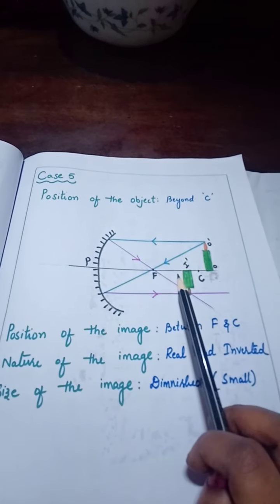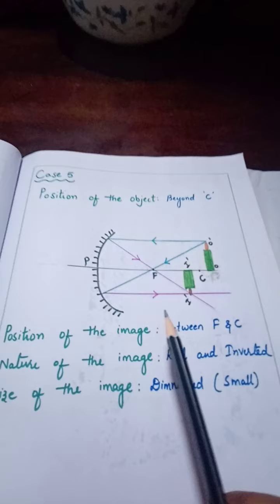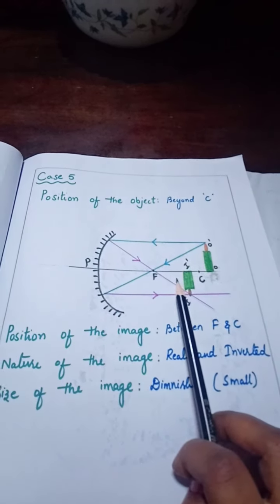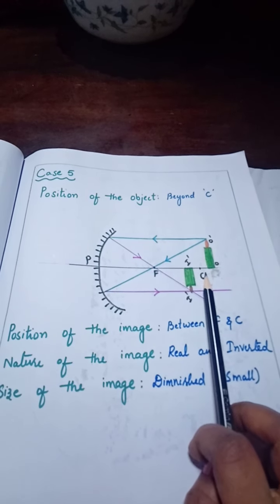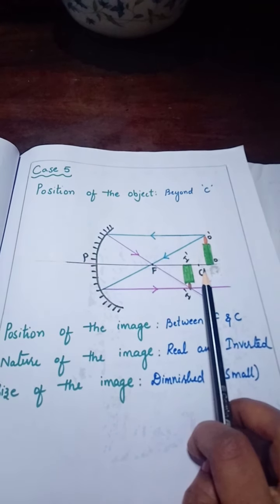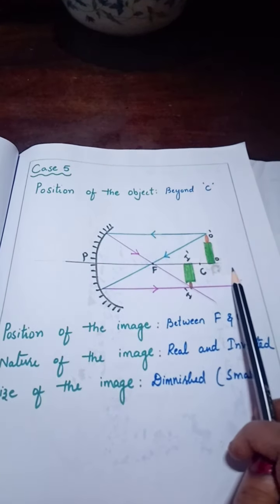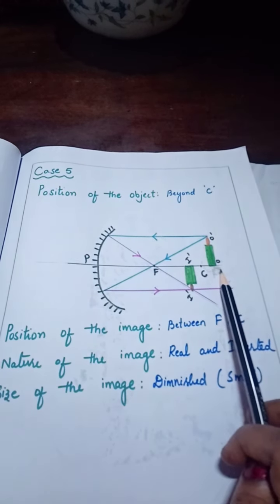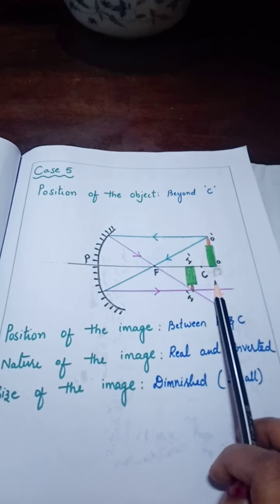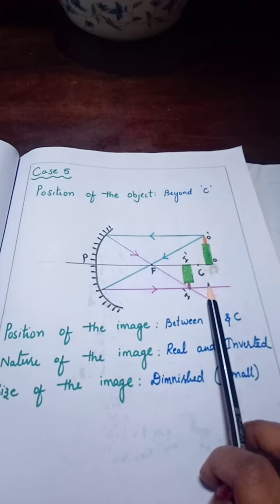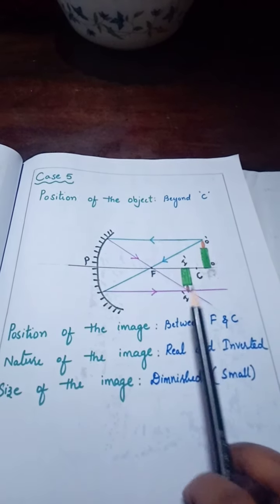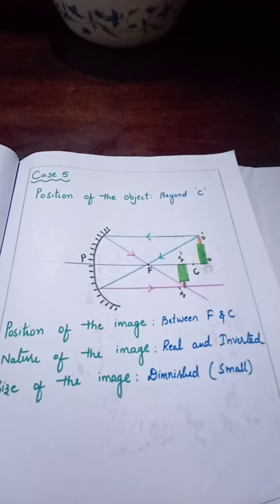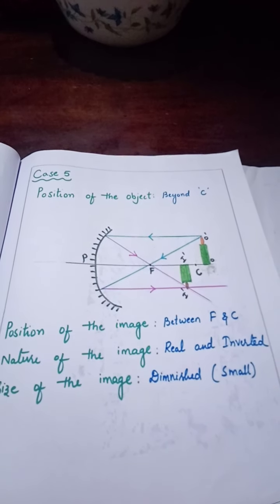And the next case is, if the object is placed between F and C, the image is formed beyond C, and it is enlarged, real and inverted. That means the size of the image is greater than the size of the object.